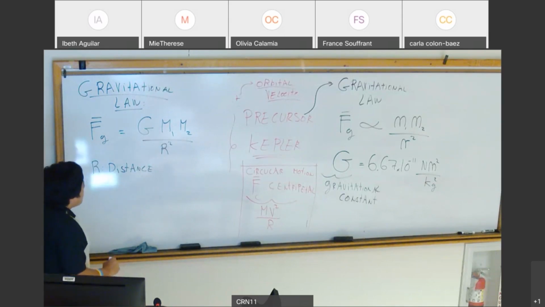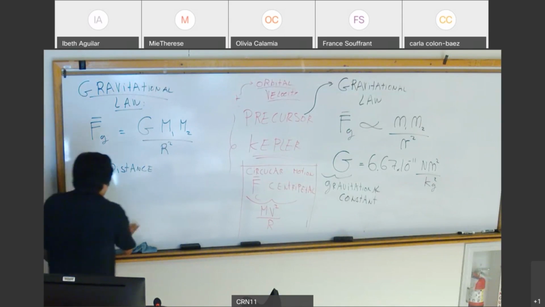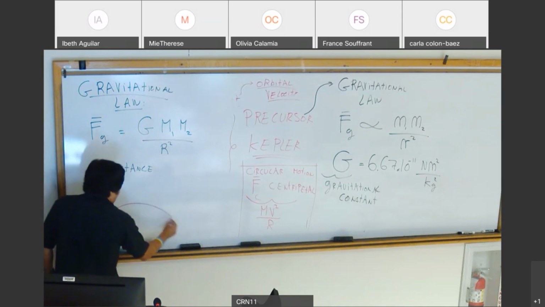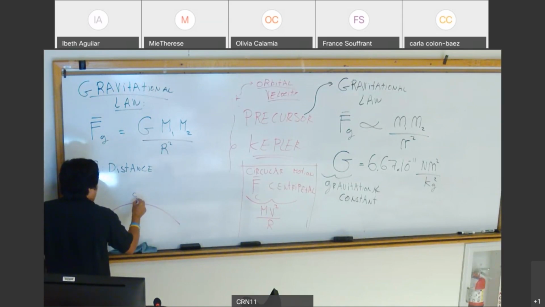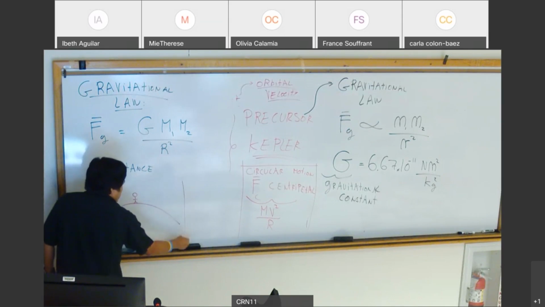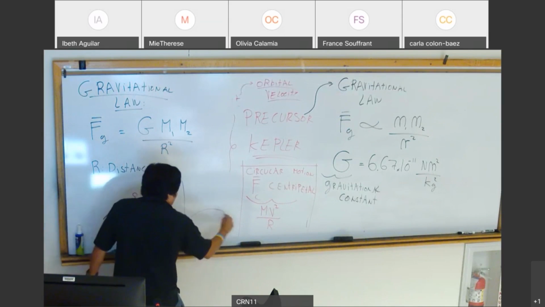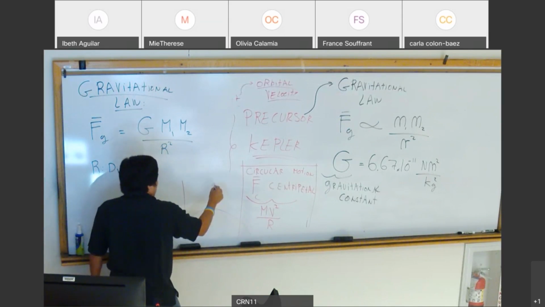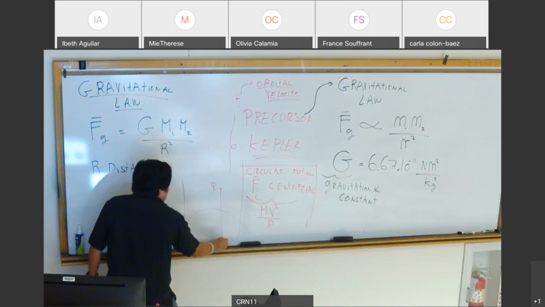So let's suppose you are here on Earth. Two situations. One situation where this is the Earth, and you are standing here. And the other situation where you are here, but then look, you are farther from the center.